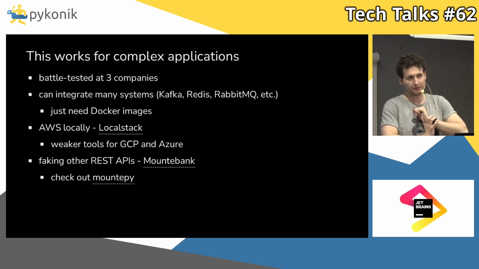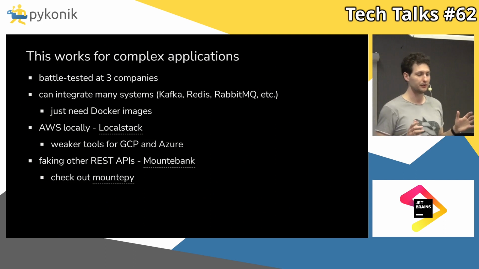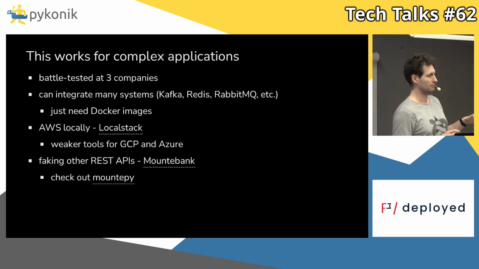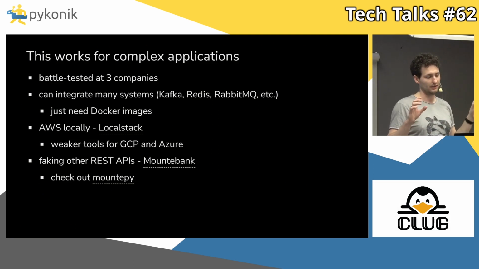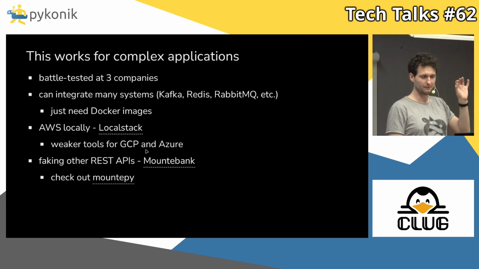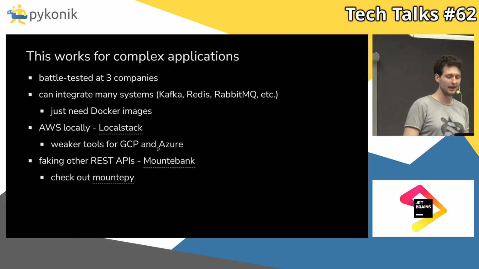Couple tips: if you're using something like AWS and you're relying on S3 or whatever, there's a tool you can run as a container called LocalStack, and it just mimics, it fakes AWS services. There are some simulators for Google Cloud and Azure, but I don't think they're as featureful.